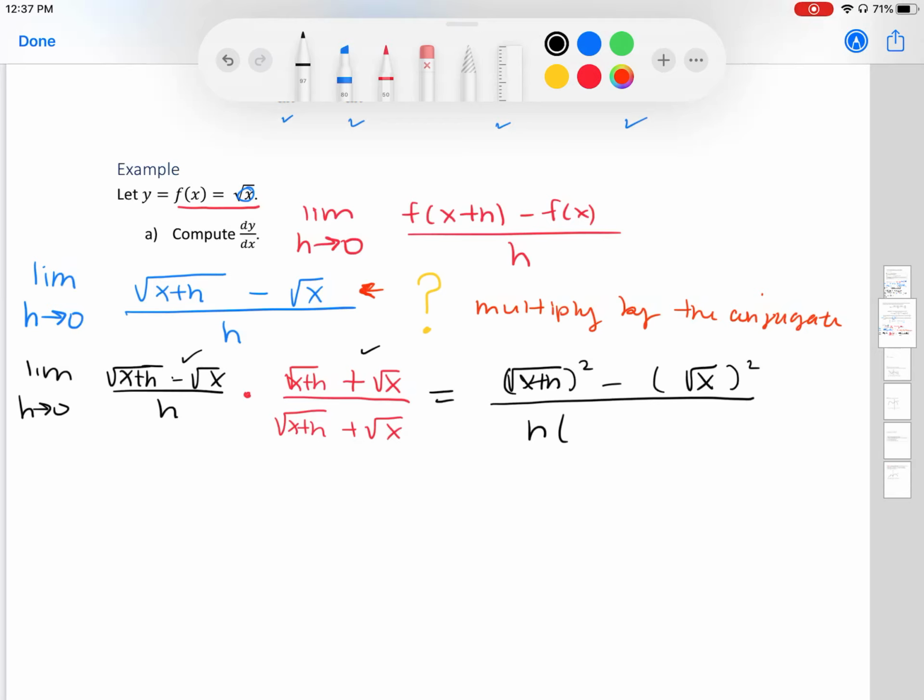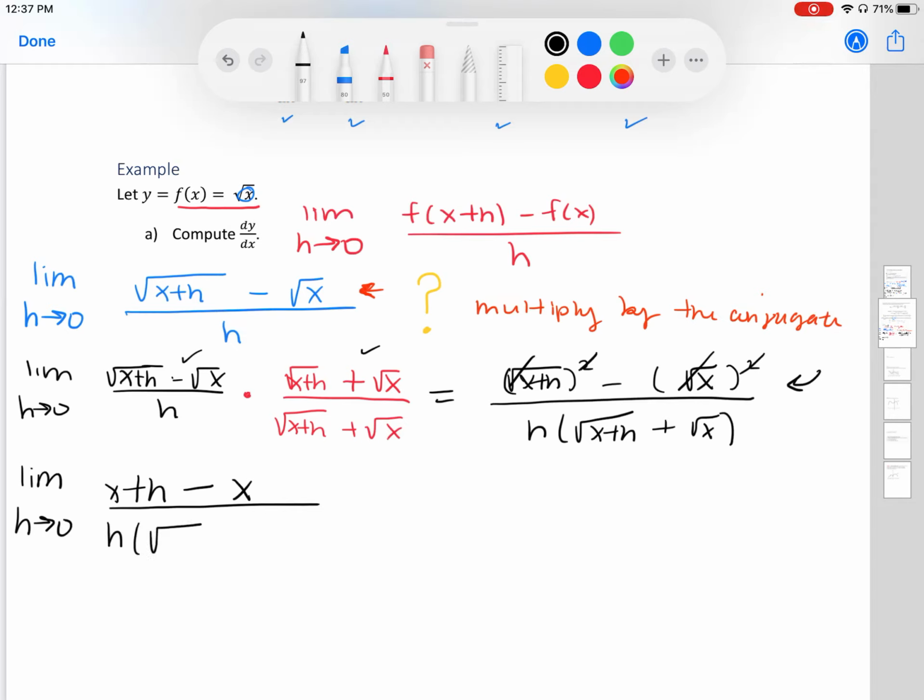So we have h times the square root of x plus h plus the square root of x. Let's go ahead and clean out our numerator so that we have the limit as h is approaching 0 of, in our numerator, that square and square root cancel out, so we're just left with x plus h, and minus that square and square root cancel out, so we're left with x. And in our denominator, we have h times the square root of x plus h plus the square root of x.